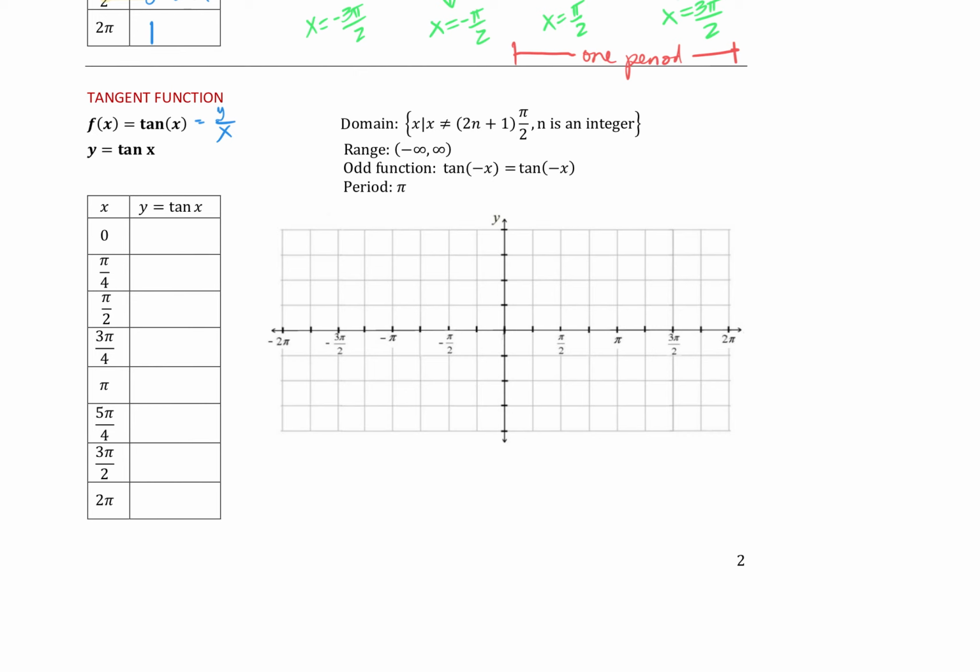Instead of doing the first quadrant, pi over 6, pi over 4, pi over 3, I just chose to do multiples of pi over 4. So I'm starting at 0, tangent of 0 is going to be the y over the x. Now the y value at 0 is 0, and the x value is 1, so 0 over 1 is 0. At pi over 4, y and x are both square root 2 over 2, so tangent would be 1.